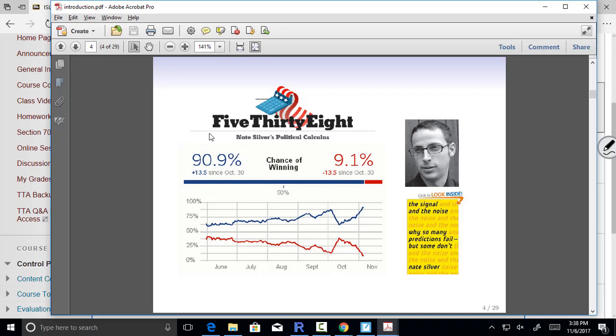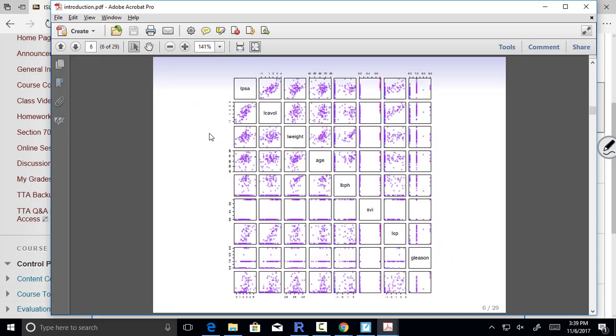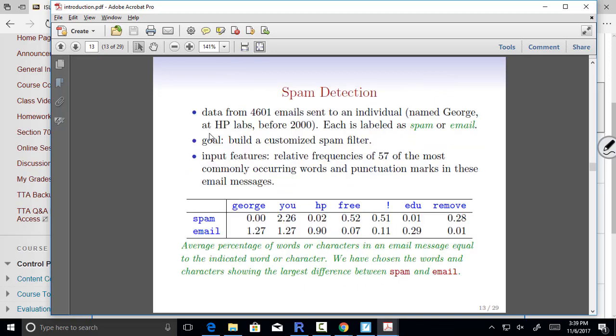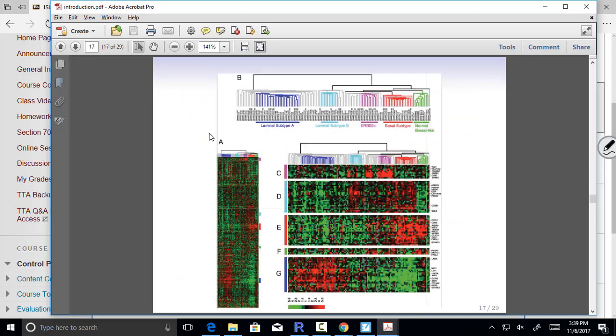And he does predictive modeling, statistical learning, supervised learning in the context of sports and politics. So he became famous because of his unnaturally accurate predictions of polls or of political races. And there's another interesting example in here, which was the Netflix challenge.